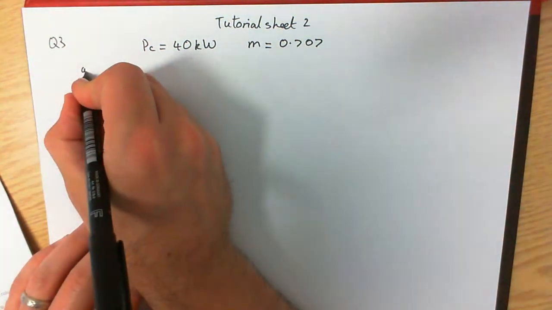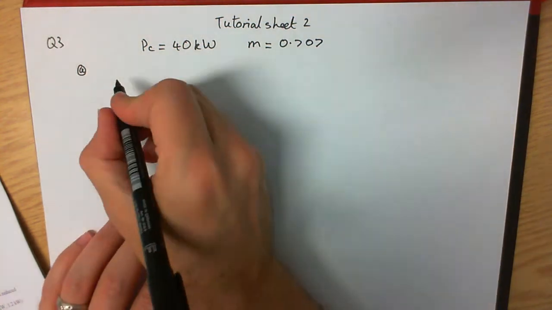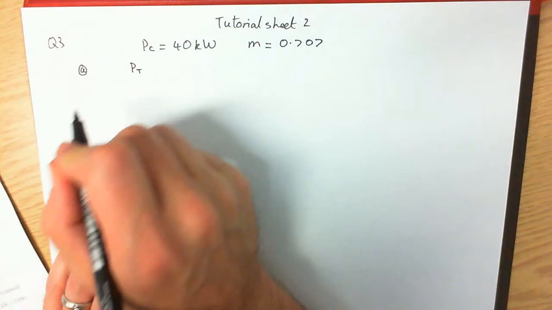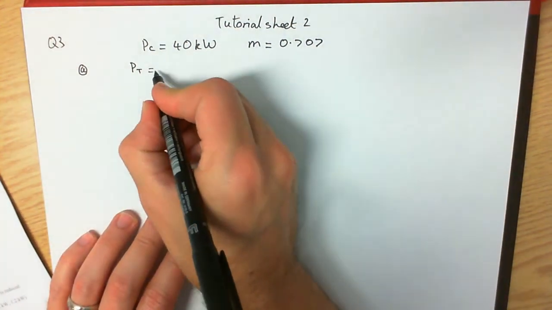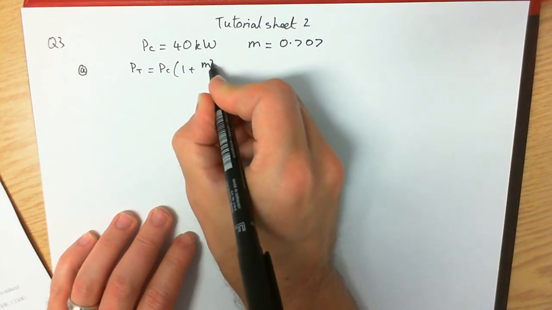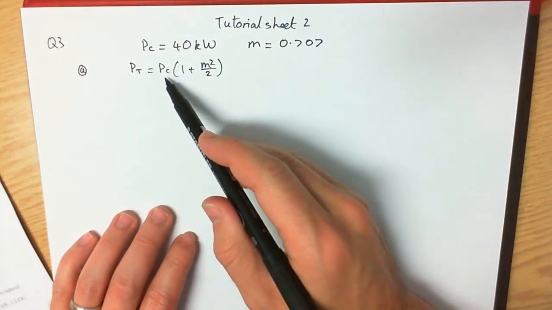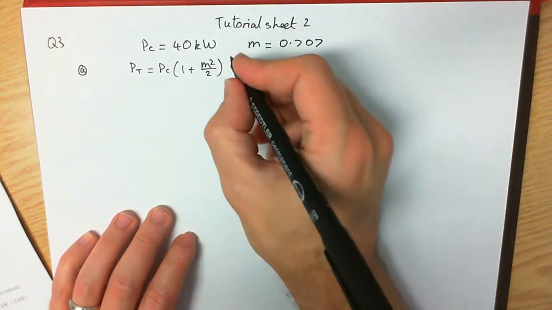First of all, we need to calculate part A. What is the total average output power? For that, we need to recall the equation that governs that, where PT is equal to PC (1 plus m squared over 2).